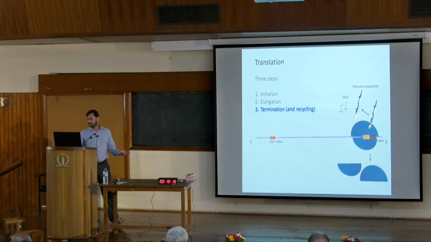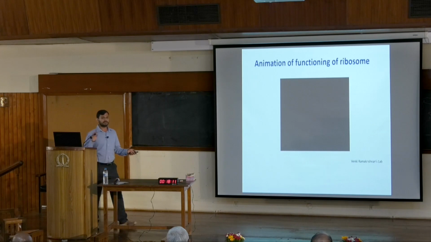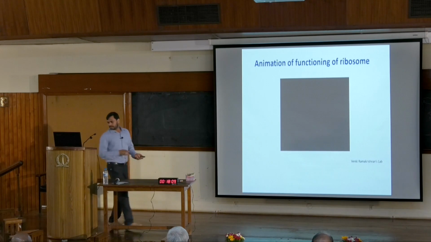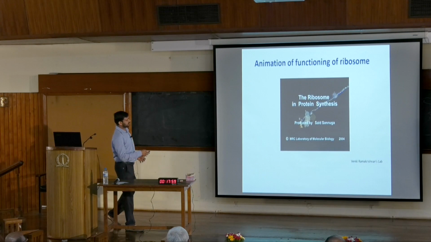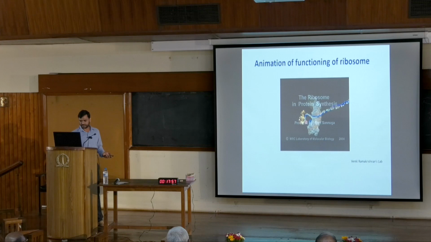This is an oversimplification of the process of translation that happens in three steps. I'll show you an animation of the working of ribosomes from Venki Ramakrishnan's lab, which essentially shows in an animated fashion how this whole process happens.